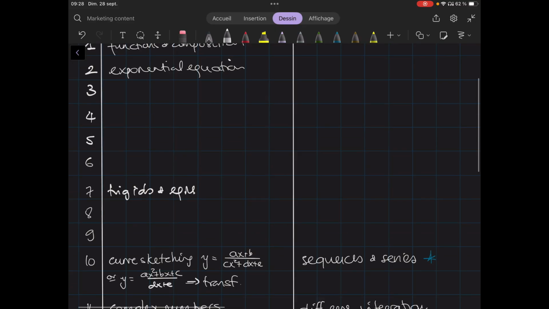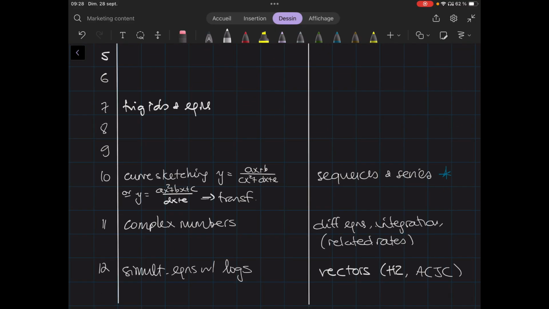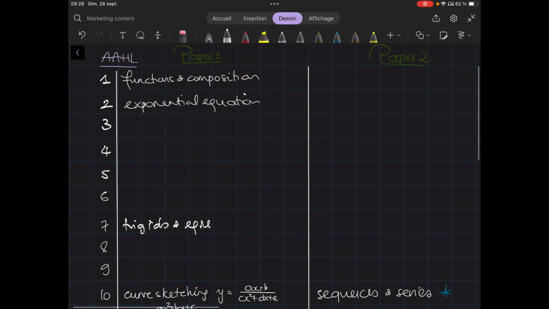We still need a bit more trig. So we can also do just some compound angle formula stuff in question 3 or 4.